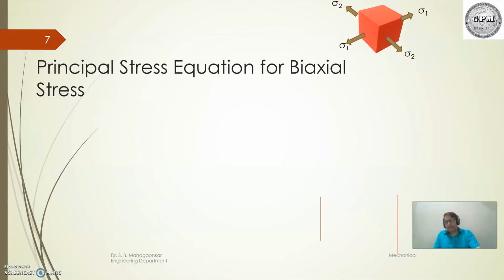That means this element is subjected to biaxial loading. We are studying the principal stress equation because shafts are subjected to combined loading. Wherever combined loading is there, it should be checked with the principal stress equation.